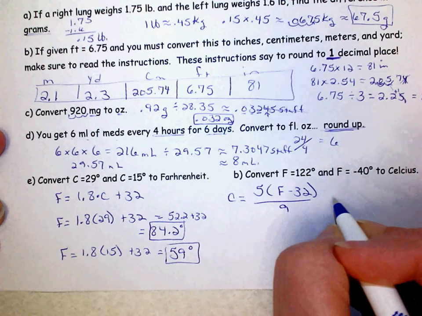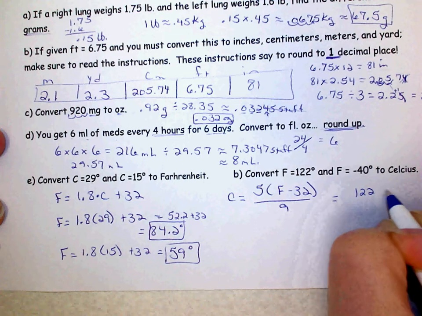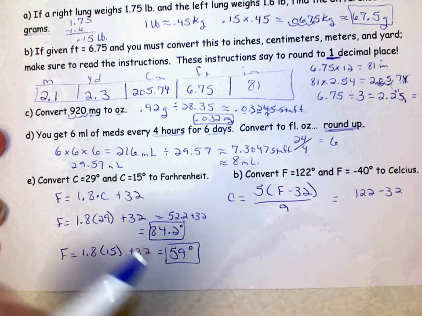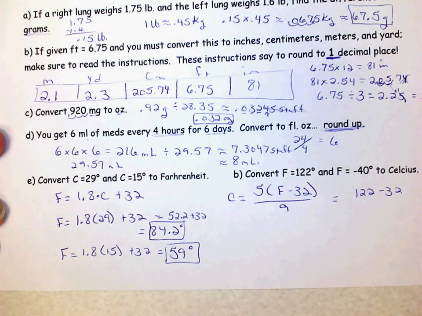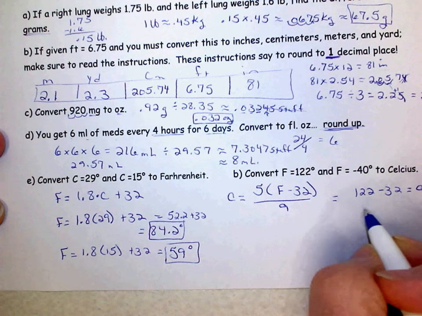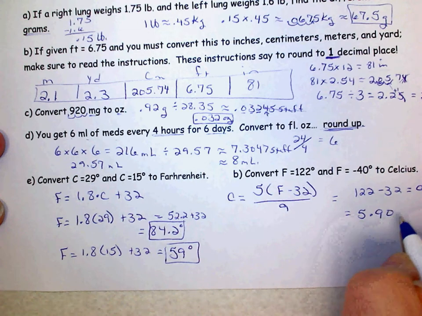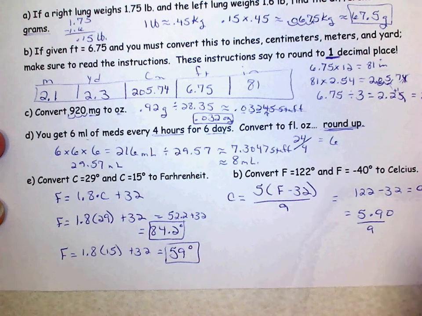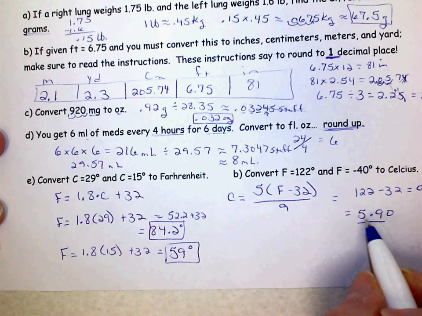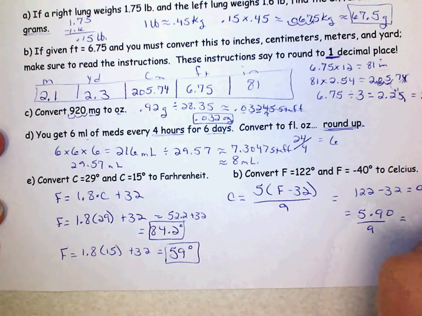We have to take 122 minus 32 first. Now if you have a graphing calculator, this is not necessary. But if you've got one of the cheap ones, this is a big deal. You take 5 times 90 and then divide by 9, so that gives us 450 divided by 9, which gives us 50 degrees.